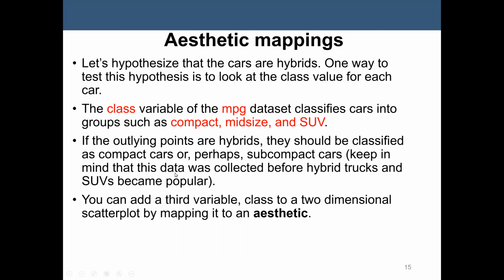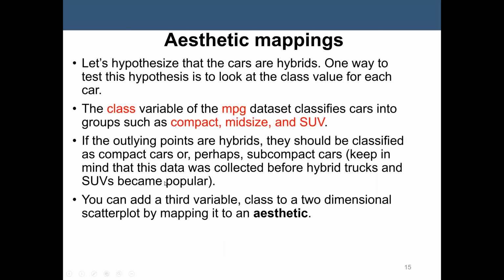Now, if the outlying points are hybrids, they should be classified as compact cars or perhaps subcompact cars. Again, we should keep in mind that this data was collected before hybrid trucks and SUVs became popular.